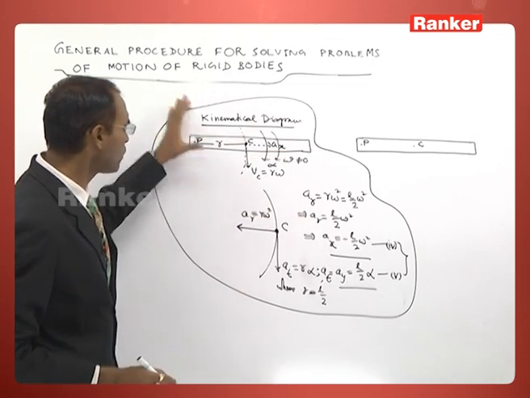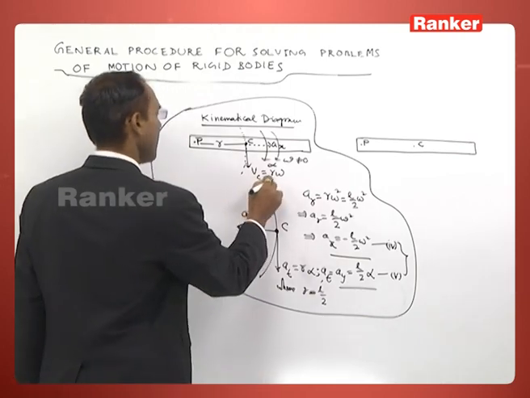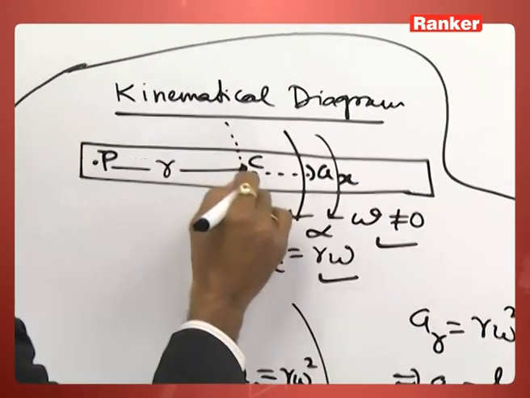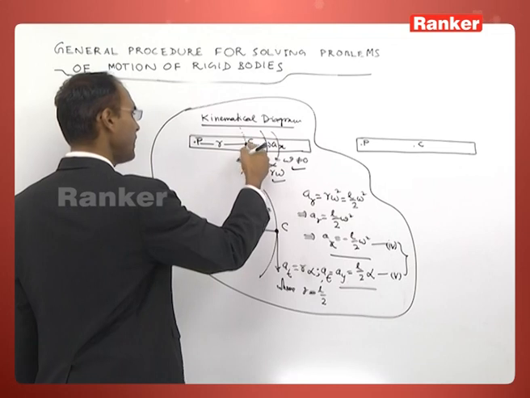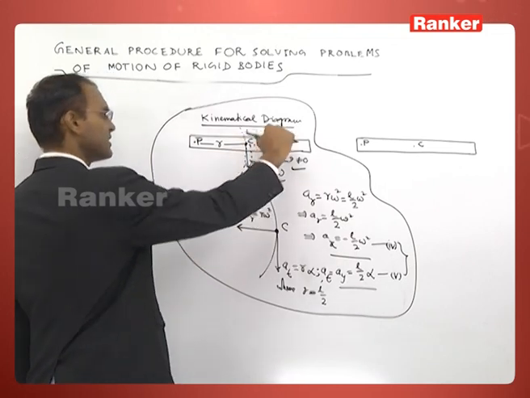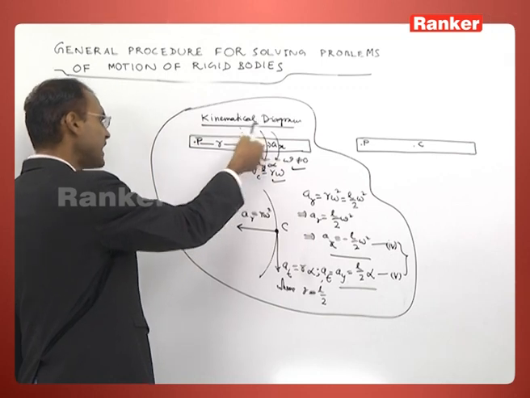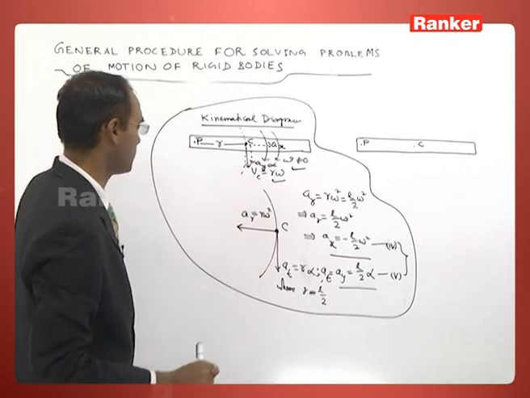Here we have not shown any forces or the torques. We have shown the velocities and acceleration x and ay. We have assumed, but actually x is negative because this point C is accelerating towards the center of the circular path in negative x direction at this instant.